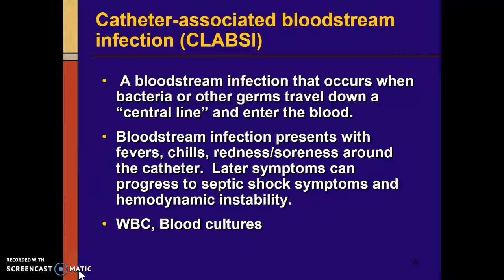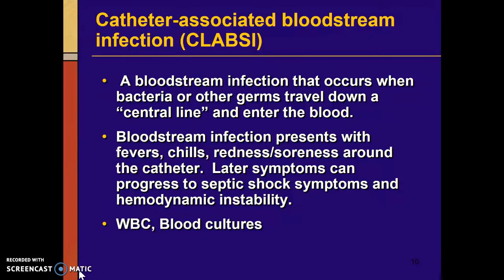With a bloodstream infection, your patients are going to present with fevers, chills. They may have some redness around the catheter. They may have pain in the area of the catheter that they mention to you, or warmness in that area also.